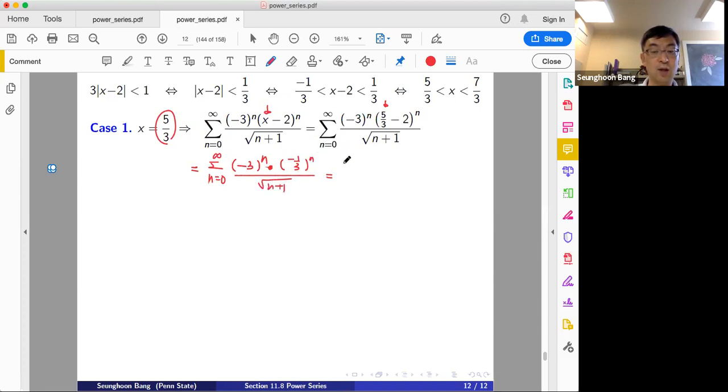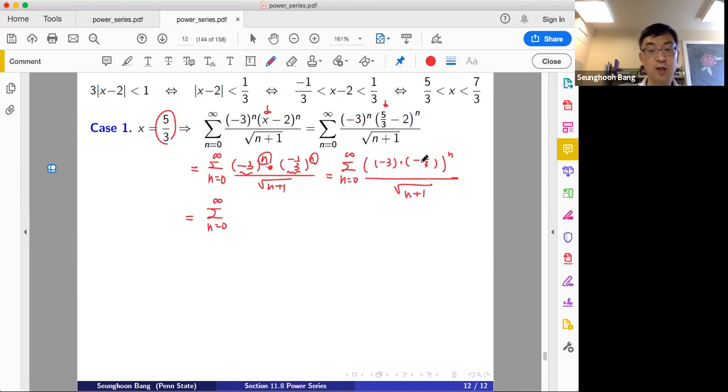You can combine them in the summation n equals 0 to infinity. With the same power n, you can combine the two bases, the negative 3 and the negative 1/3, to the power n over square root of n plus 1. So what's that?